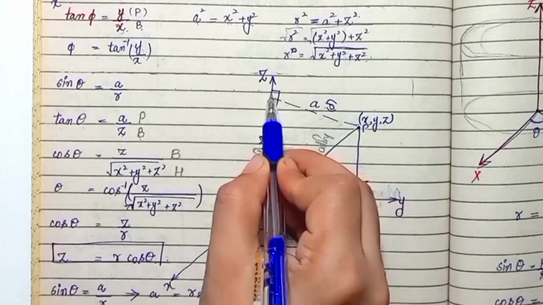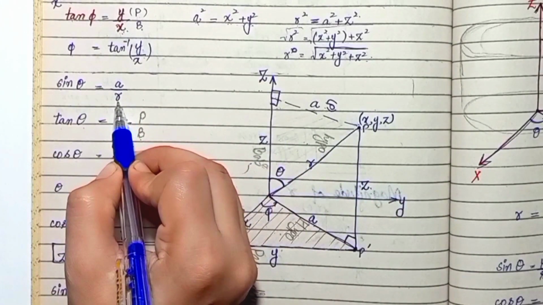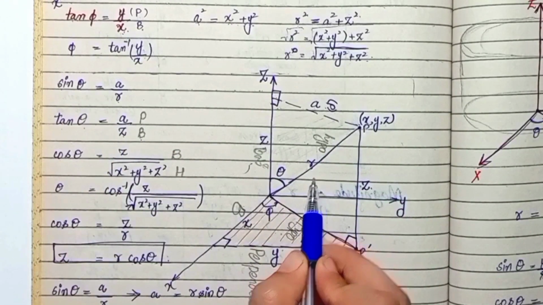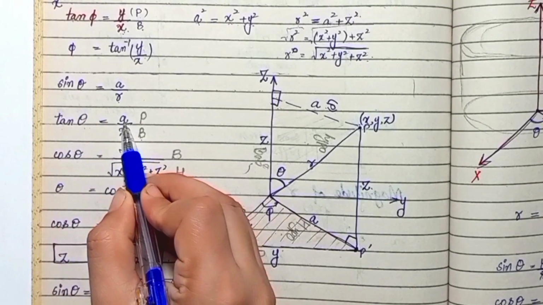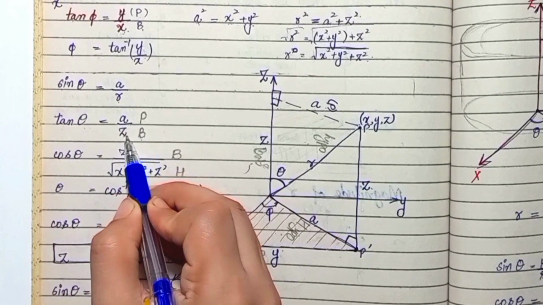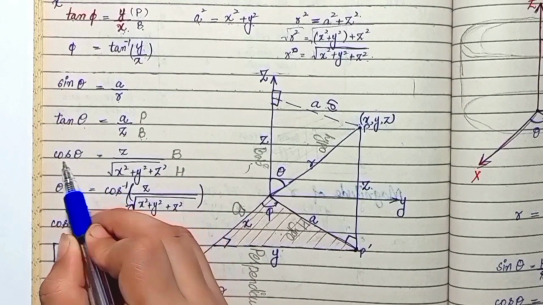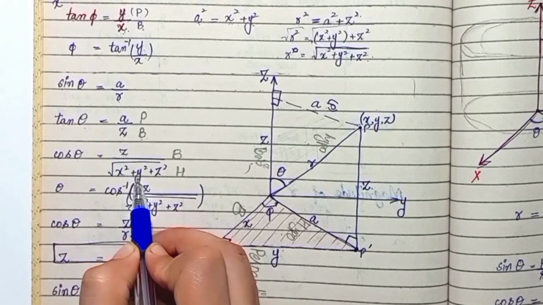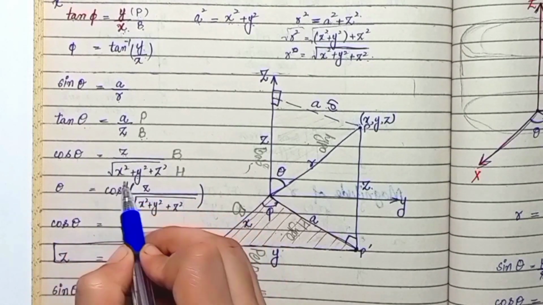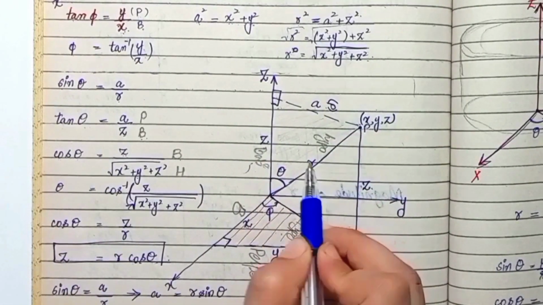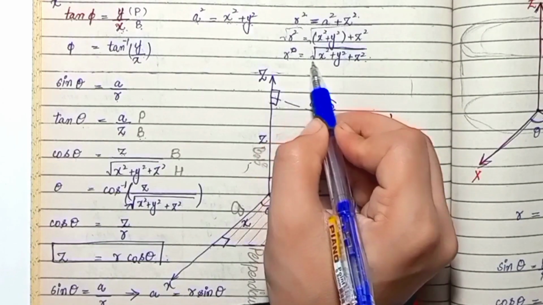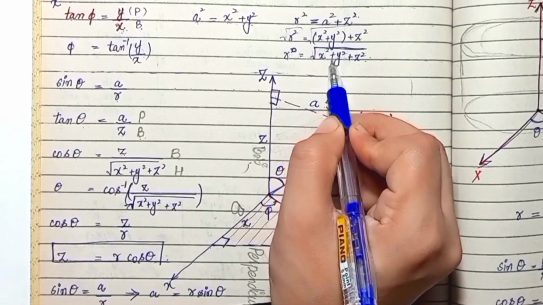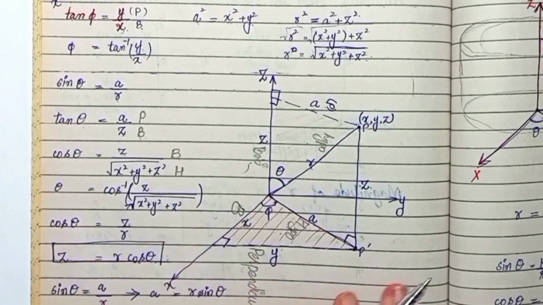Sin theta for this triangle will be equal to a divided by r, as a is the perpendicular and r is the hypotenuse. Tan theta will be equal to a divided by z, as a is the perpendicular and z is the base. Cos theta will be equal to base divided by hypotenuse. Base is z and hypotenuse is r, and we have derived that r is equal to the square root of x square plus y square plus z square.